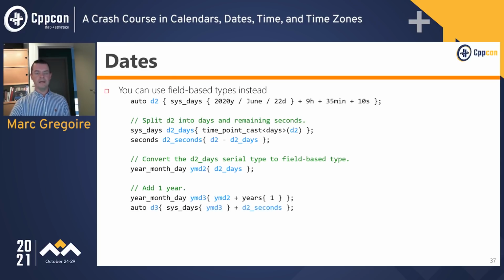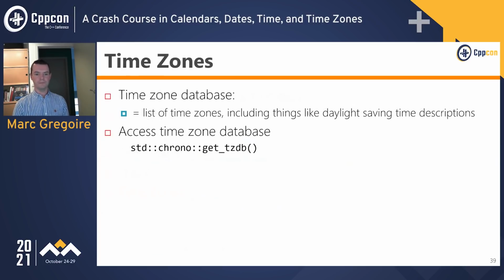Then you can easily add 1 year to this field-based representation, and then the final result can be retrieved by converting my incremented year, 1 day to a sys day again and adding the seconds that we calculated over here. If you output this, then indeed you see that the timestamp is untouched.